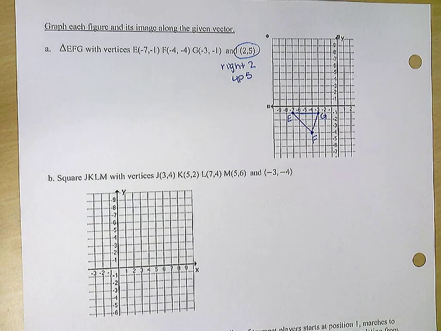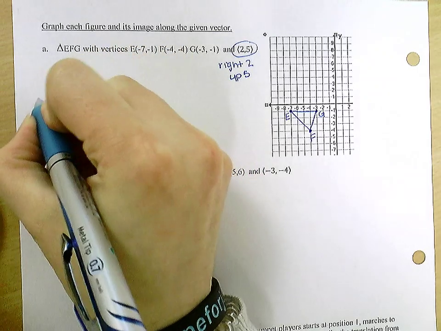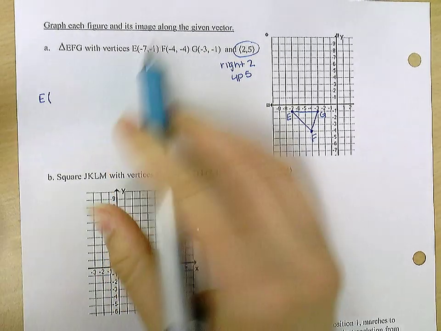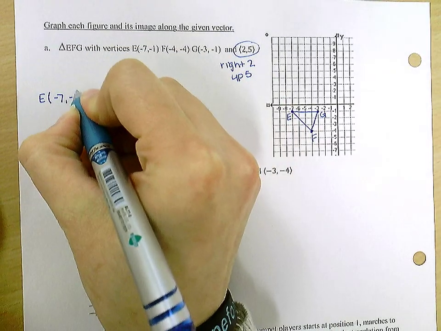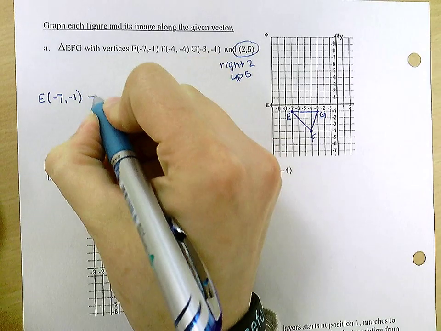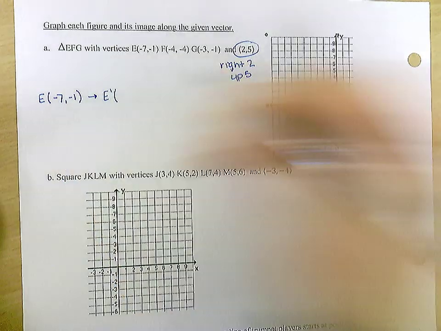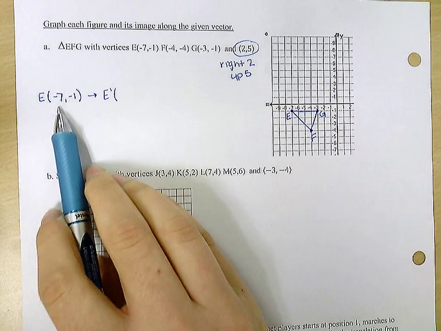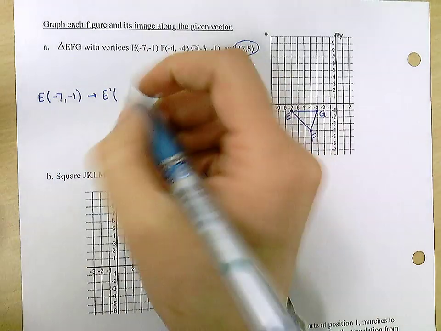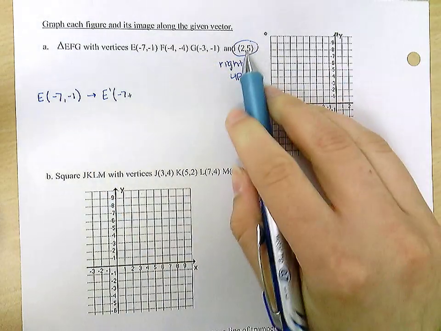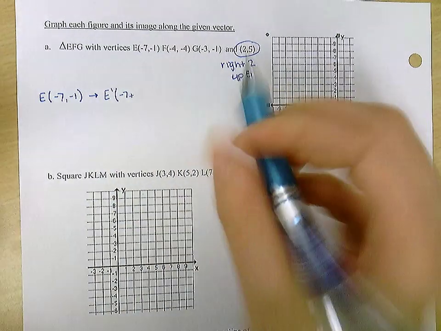Now I'm going to show you 2 ways to do this. First way, my original point E is at -7, -1, and I want to move it along this vector of 2, 5 to get E prime. So to find E prime, I'm going to take -7, my original X value, and add on my A value from my vector, which is 2.